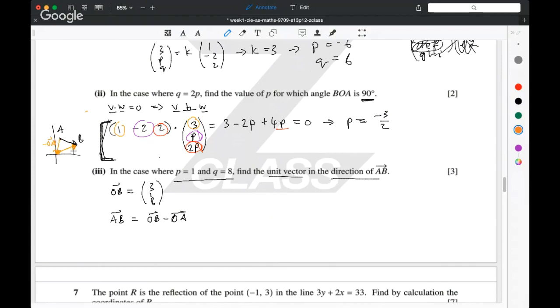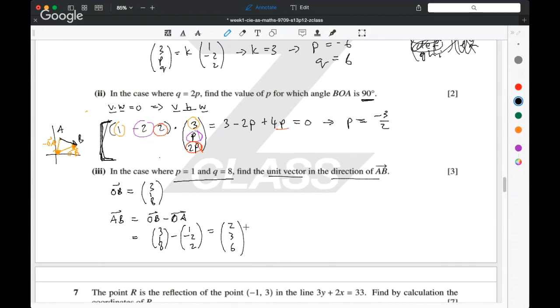And going from 0 to B is the same thing as OB. So the full A to B is minus OA plus OB, or OB minus OA. So this is equal to (3, 1, 8) minus whatever A was, (1, -2, 2), and this is equal to (2, 3, 6).